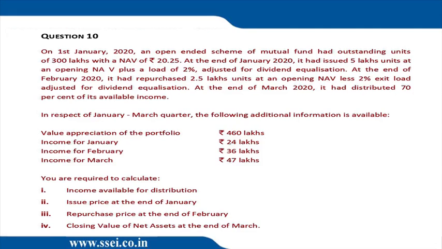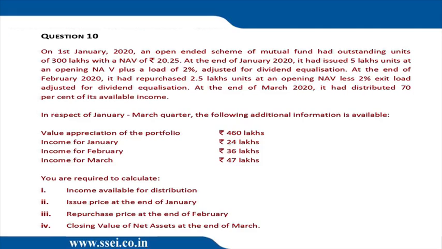That means whatever income is earned in Jan, please have a look below. Income earned in Jan is 24 lakhs. Now, this income was earned prior to the 5 lakh units which were issued. So this person who is buying 5 lakh units should also pay proportionately. So 24 lakh belongs to 300 lakh units. If you calculate 24 divided by 300, that comes to 0.08.